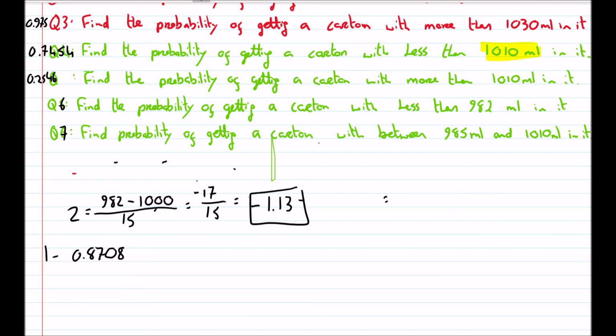We just take that away from 1, and we get 0.1292. So there's my probability of finding a carton with less than 982 milliliters in it. Okay. Last one then.